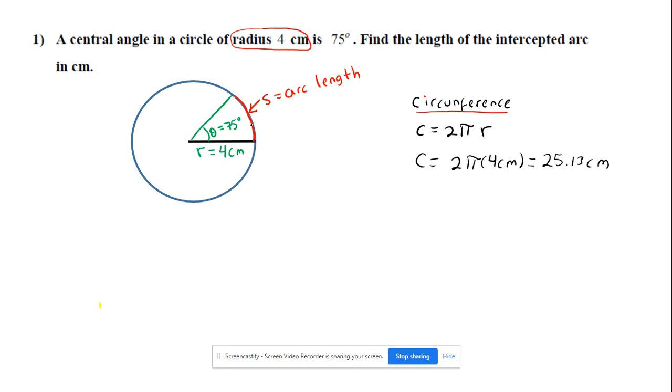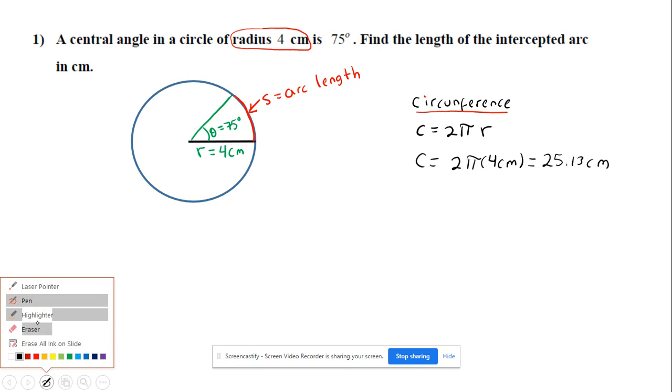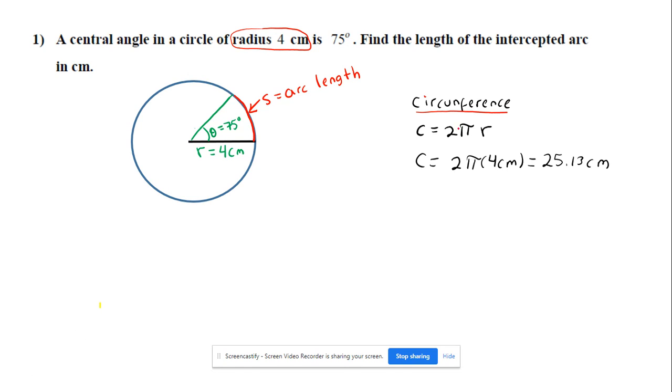But now we have a problem where we don't want the whole thing. We only want a fraction of the circumference, which we call an arc length. So what I found out is that we can use the same formula for the circumference. If this is the circumference, I'm going to consider that 2 pi is a complete revolution or 360 degrees.